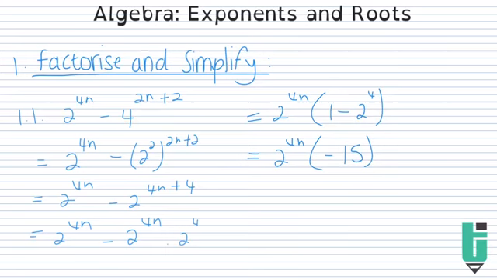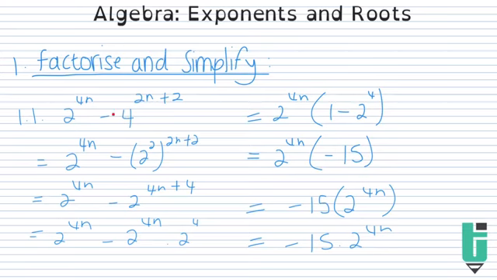Awesome. And so if you were to simplify this, you just say this is equal to minus 15 times 2 to the power 4n. I don't even know why I'm adding the brackets. You could just say minus 15 times 2 to the 4n. But yeah, can you see how we started off and saw that we had a minus over here?